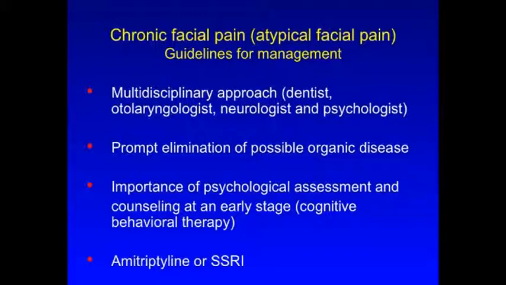And of course, you have to eliminate all organic disease. You have to do the psychological assessment and cognitive behavioral therapy. We know that antidepressants are usually good in these patients, so Cymbalta, amitriptyline, and Effexor would be the drugs of choice.